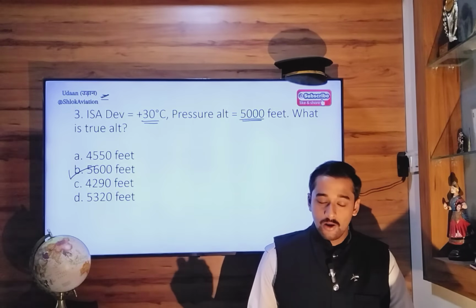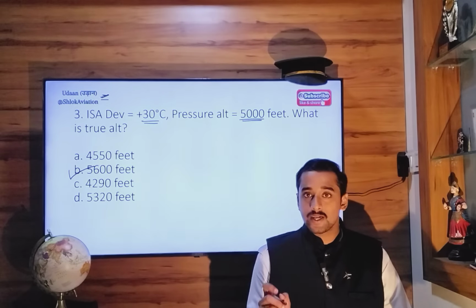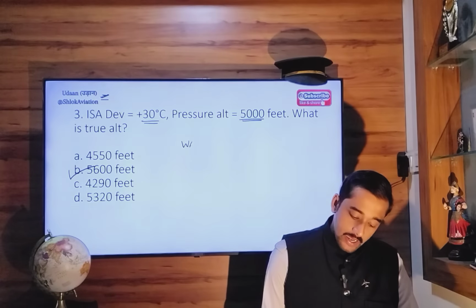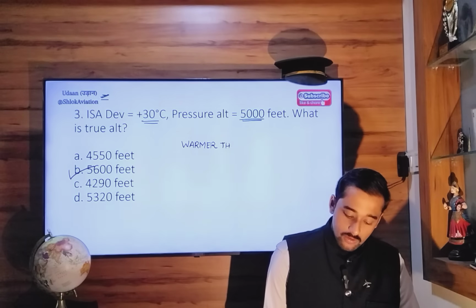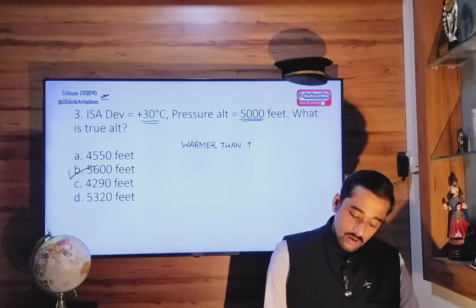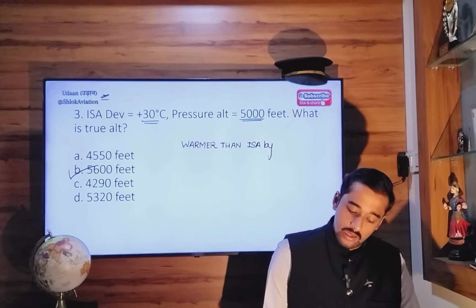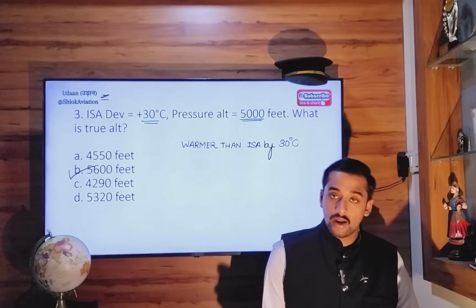Option Bravo. Also remember, ISA deviation is plus 30, meaning it is warmer than ISA by 30 degrees Celsius.